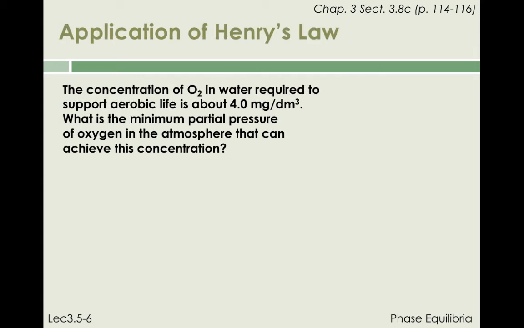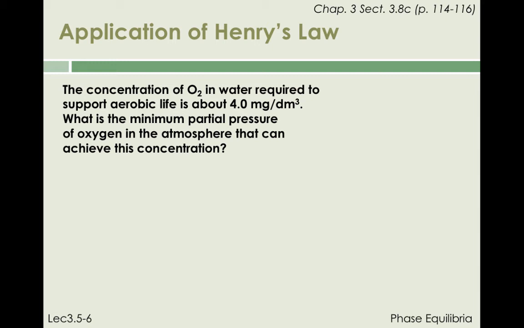Henry's law is particularly useful in the life sciences as oxygen and carbon dioxide gases are present, dissolved in our body in very small concentration. So let us look at a specific example of calculation involving Henry's law.